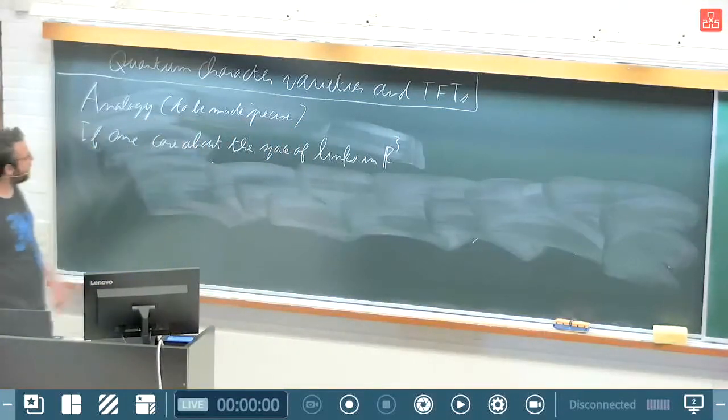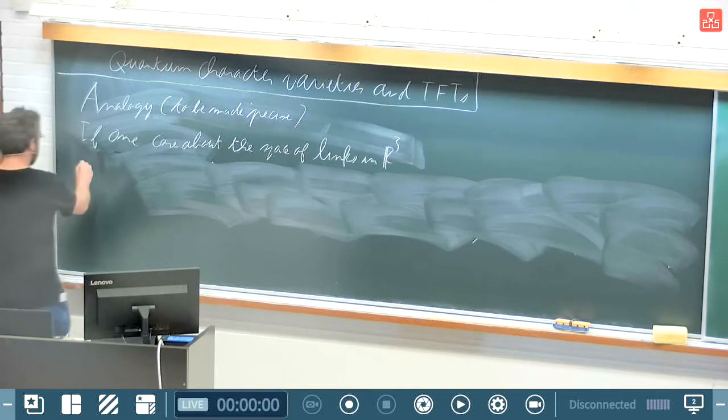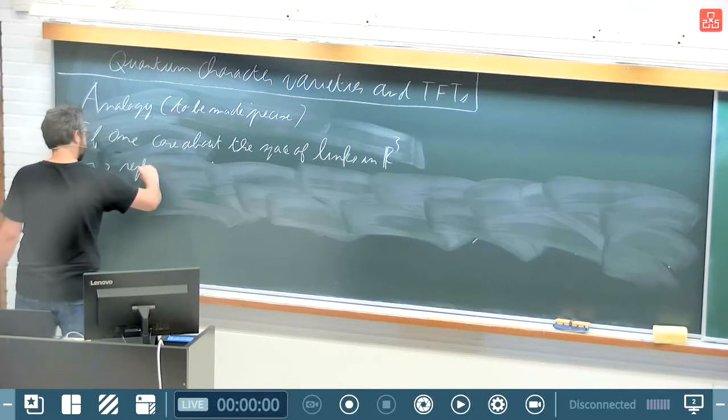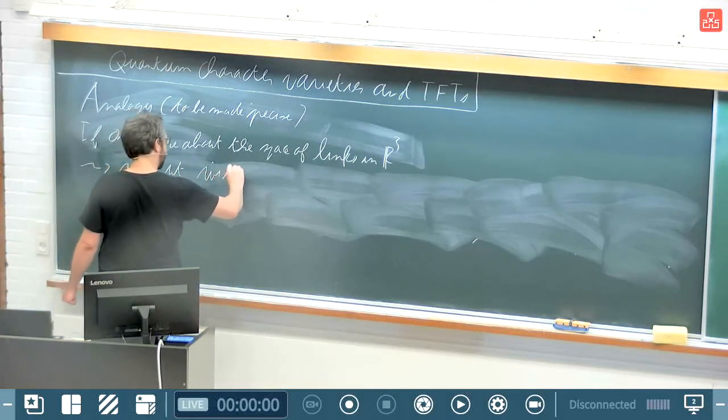Even if you're really only interested in links in R3, it's actually a good idea to look at something that seems more complicated, but is actually simpler. The main problem is that this space doesn't have a nice algebraic structure, so it's hard to do computation with that. So it's actually better to replace it with something called a category of tangles.